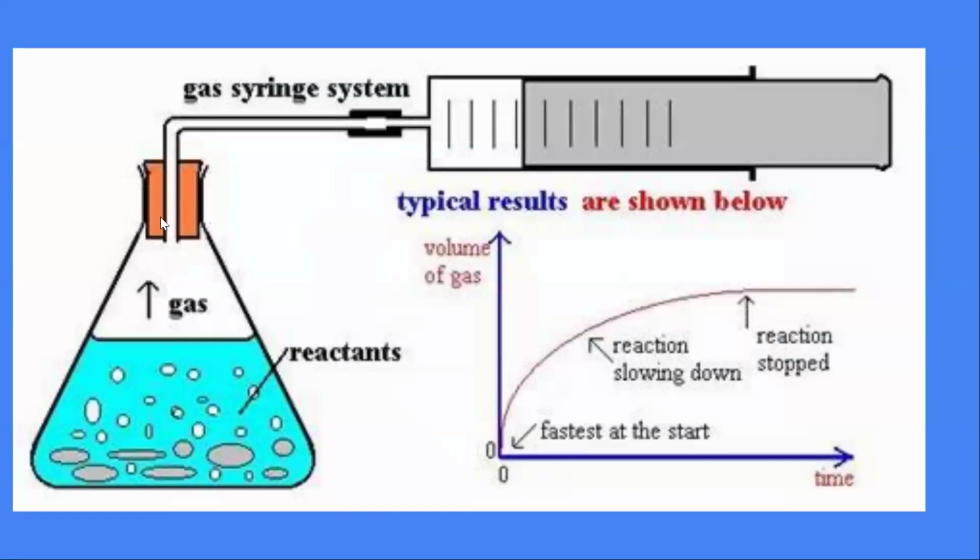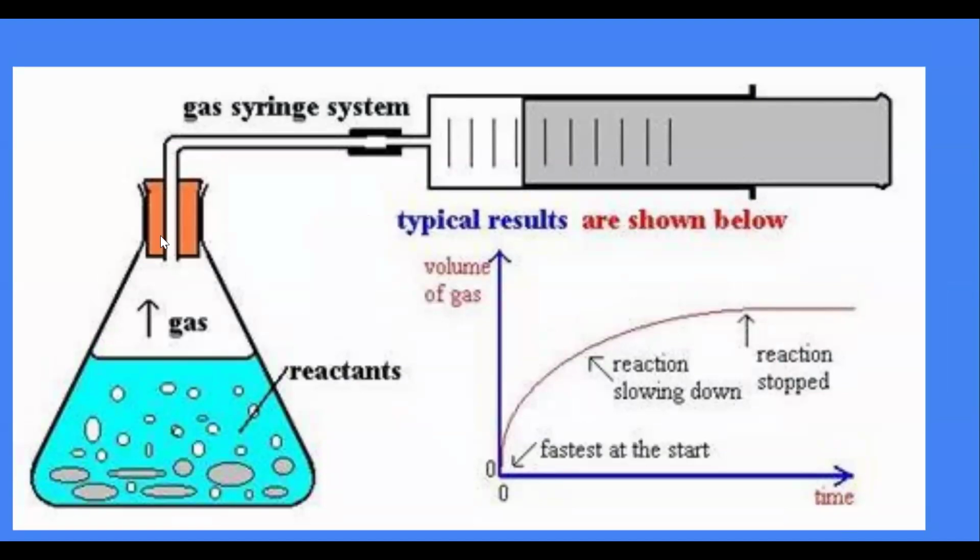Now, we can speed up the rate of this reaction. If we speed up the rate of this reaction, it means that our reaction is going to happen faster and we're going to form the same amount of products in less time. Clear? So the reaction ends here in a faster time than it ends here.